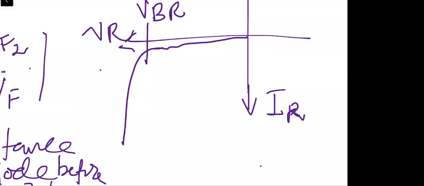So again, the curve shows that initially it has very high resistance, but if we overcome the reverse breakdown region, the resistance gets very low, right? So then it is behaving as a short circuit. Are you with me?